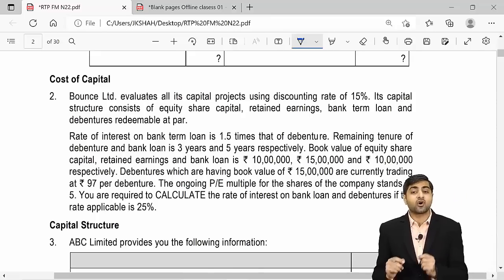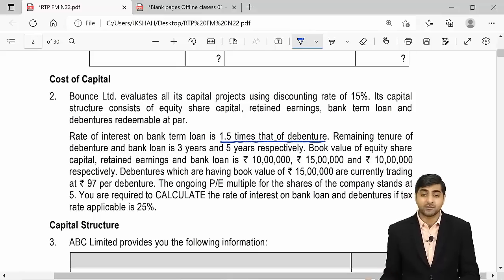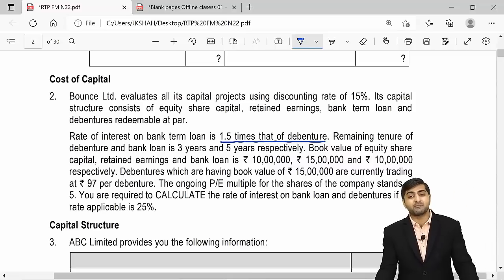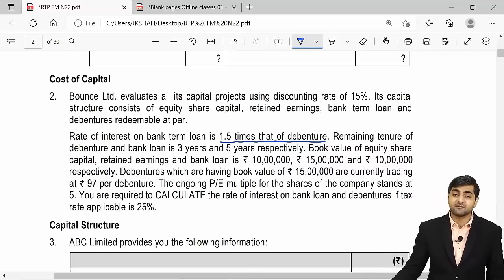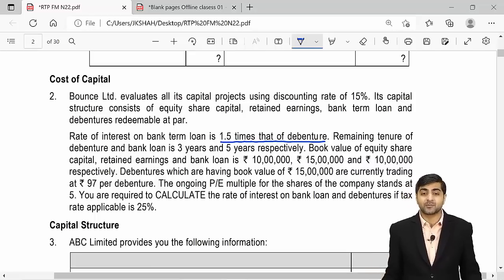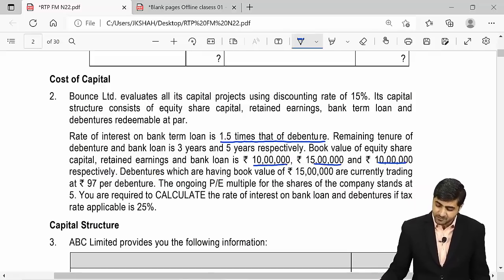Rate of interest on bank term loan is 1.5 times that of debenture, and the remaining tenure of debenture and bank loan is 3 years and 5 years respectively, and book value of equity share capital, retained earnings and bank loan is given to you as 10 lakh, 15 lakhs and 10 lakhs respectively.